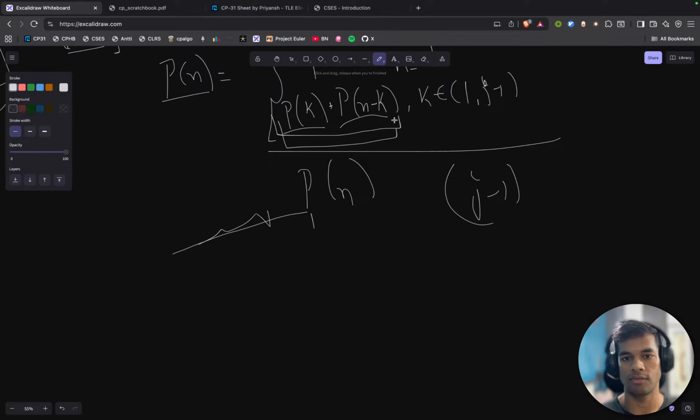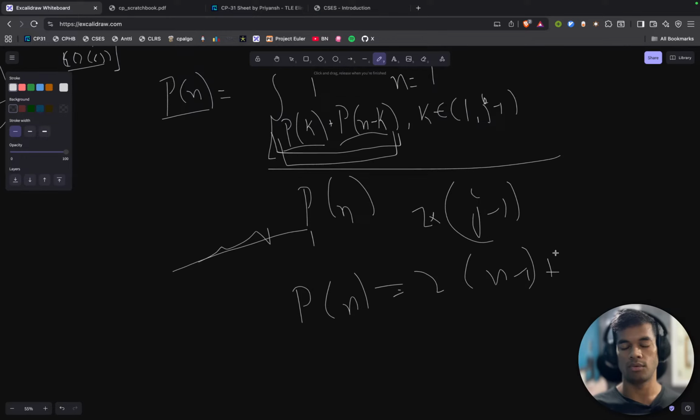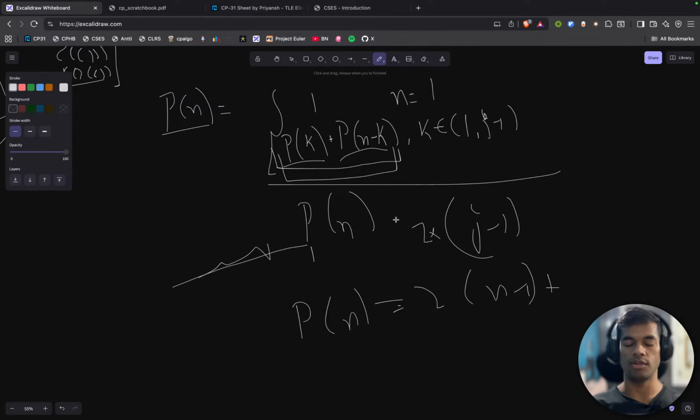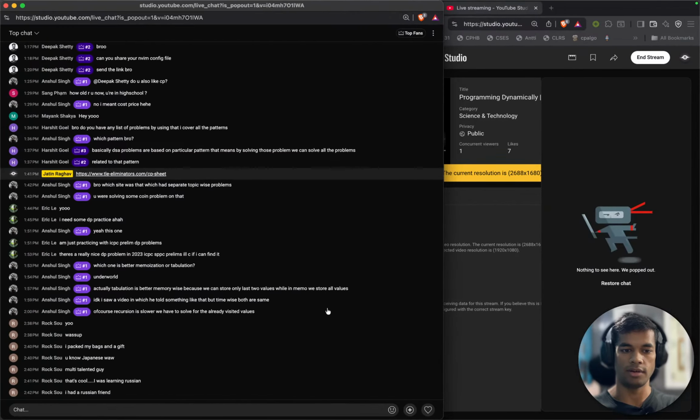And in one time, we need 2 calls. 2 into j minus 1, which is initially n minus 1, P n 2 to n minus 1. And those internally will make a bunch of calls. And they will keep making calls.